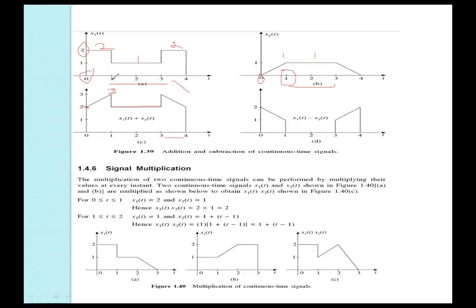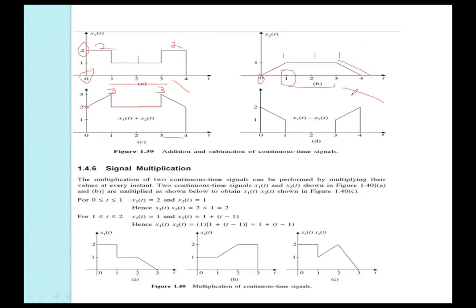From 3 to 4, observe that the value of x1 is 2 only, the same as in 0 to 1. But in x2 of t, from 3 to 4, it decreases. At 3, the value of x2 is 1, so 2 plus 1 is 3.